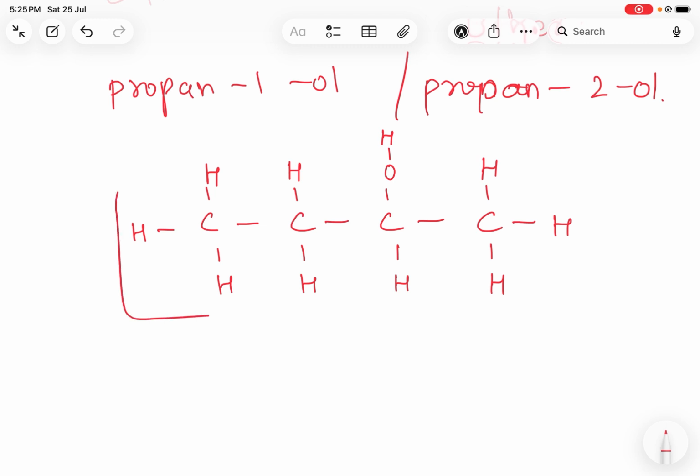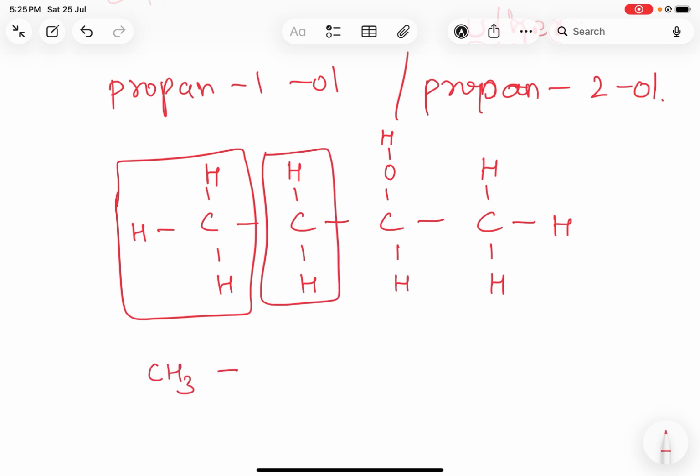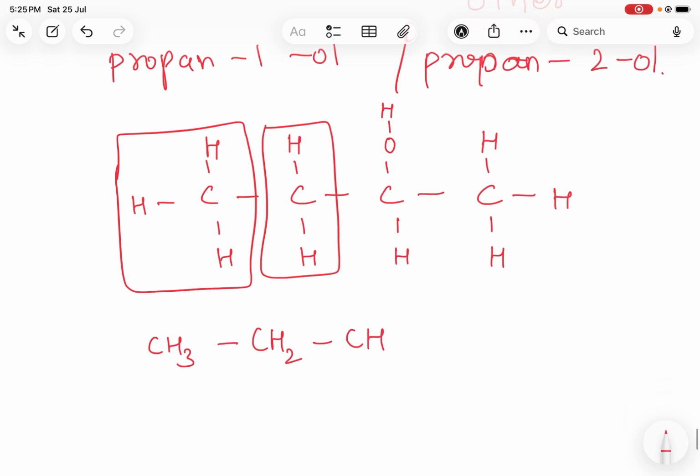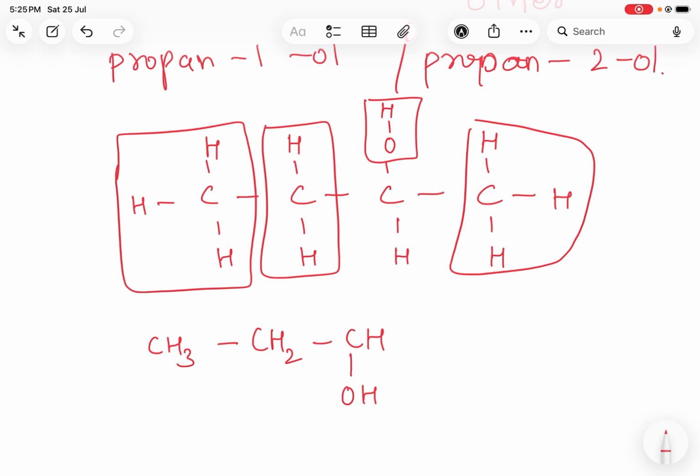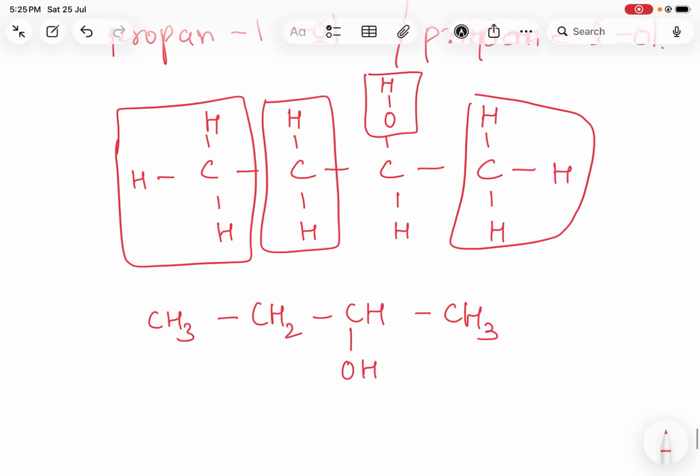So I have my first carbon atom, that is CH3, then I have a bond, then I have CH2, then a bond, then for this I have CH and I have OH attached to it. So I'll put a bond here and I would write OH, and then again I have this CH3. So this is my structural formula for butan-2-ol. So this is all about the molecular, displayed and structural formula of alcohol.